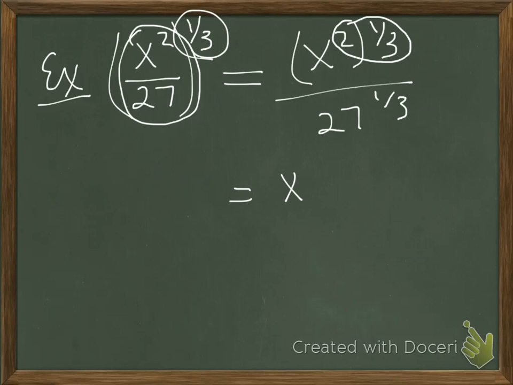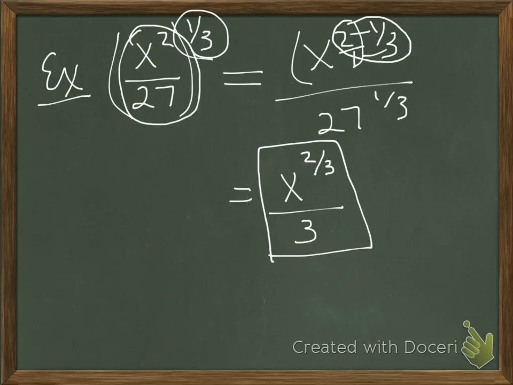That becomes x to the 2/3 power, because you put your 2 over 1 and you multiply straight across, you would get 2/3. The denominator is 27 to the 1/3 power, which means the cube root of 27. If it doesn't simplify, I wouldn't simplify it, but in this case it does simplify. 3 to the 3rd power is 27, so the cube root of 27 is 3. And this answer is x to the 2/3 over 3.